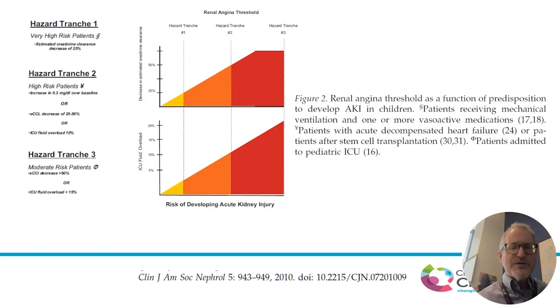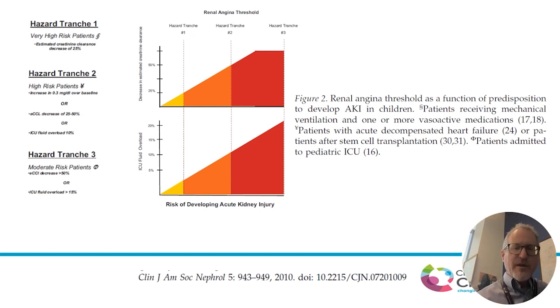So the way we developed this renal angina context is on the left, we had 3 hazard tranches. You could call those your Framingham risk factors. Moderate risk patients in the ICU. High risk patients are those with solid organ or bone marrow transplant or after cardiac surgery. And very high risk patients are those who are intubated or on a vasoactive substance.